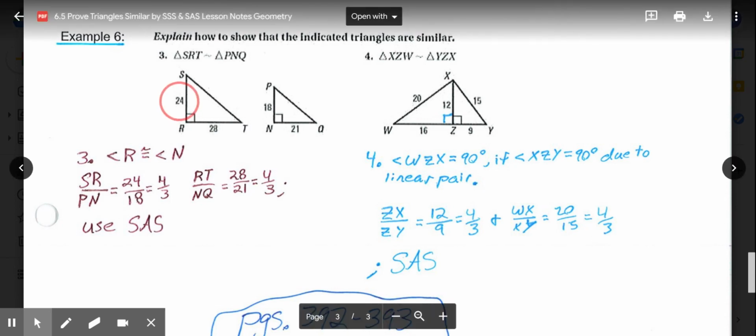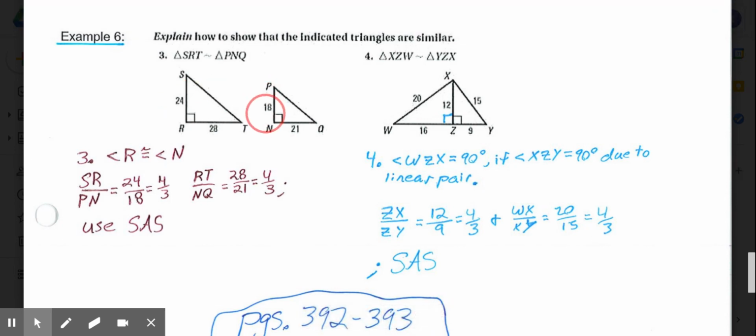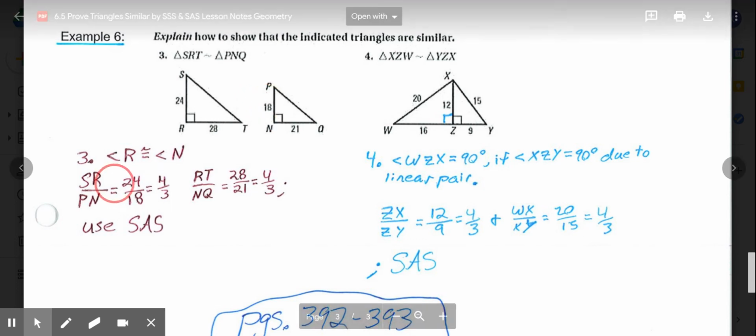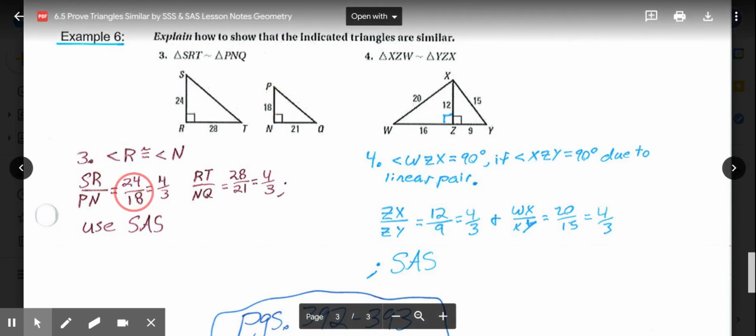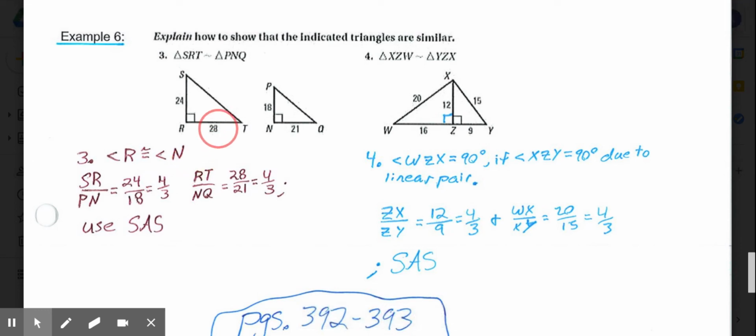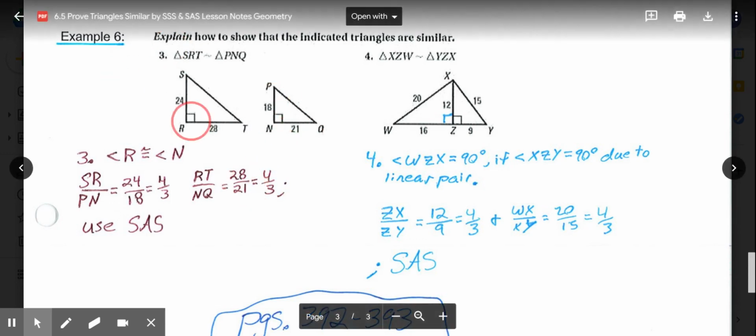So SR corresponds with PN. So SR over PN, 24 over 18, simplifies to 4/3. Then we can check RT over NQ, 28 over 21, also simplifies to 4/3. So for this similarity statement, they would use side angle side.